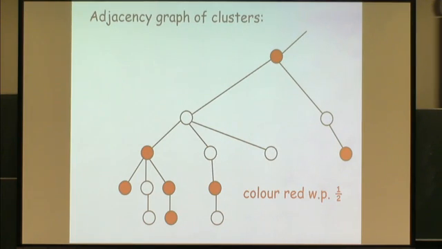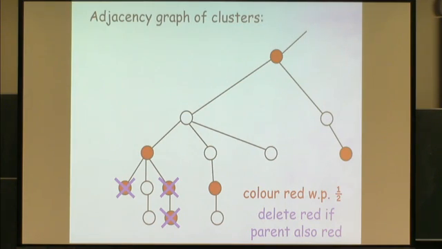So this is pretty straightforward. First of all, why don't I just color each node of this tree red with probability half independently? Of course, that's not going to work because I may have adjacent red things. But now if I colored a vertex red, but its parent was also red, then I take it back. If I colored something red and its parent was also red, then I uncolor it, delete the redness.